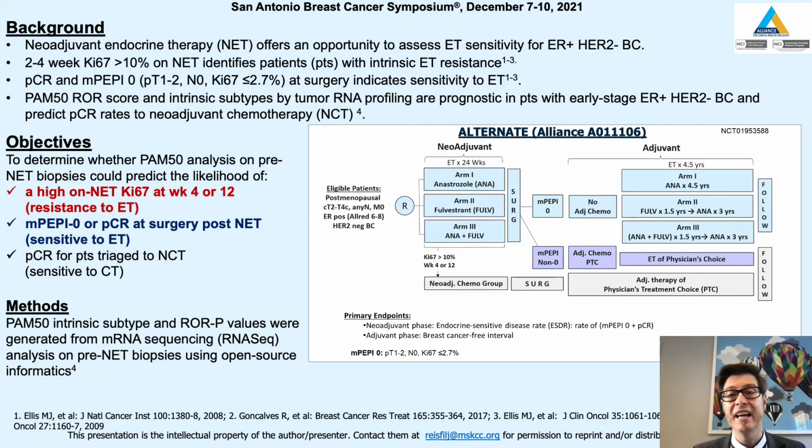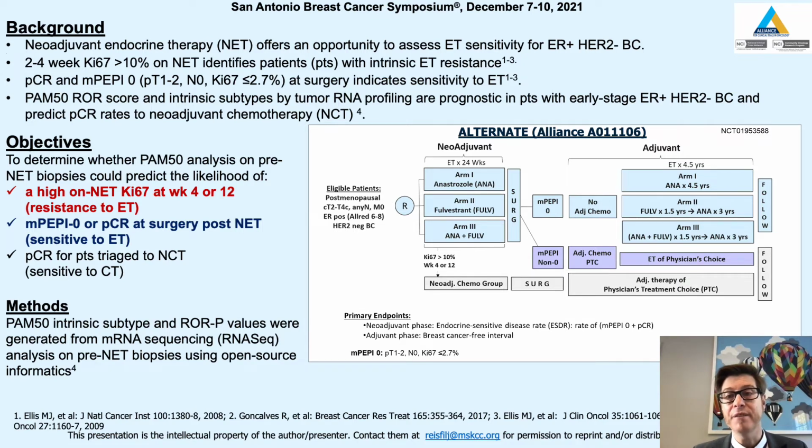As a matter of fact, a Ki67 greater than 10% at weeks 2 to 4 on neoadjuvant endocrine therapy is a biomarker of intrinsic endocrine therapy resistance. Conversely, a pCR or an mPEPI-0 at surgery following neoadjuvant endocrine therapy are biomarkers of endocrine therapy sensitivity.